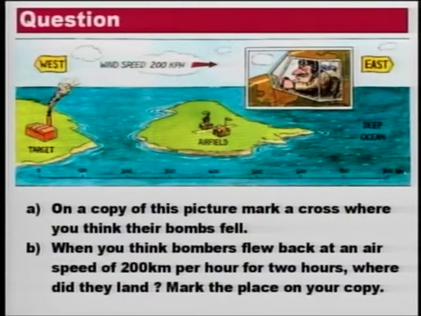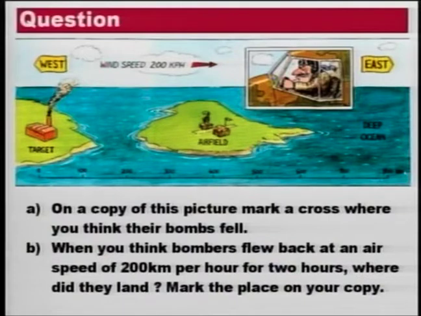Yes, the 2 questions here. You see on the copy here, all you have to do is mark where you think, if you were the pilot given the task to go and drop the bomb at the target there. From the readings, we already found out that the plane will fly at 200 kilometers per hour for 2 hours, and they drop the bomb.